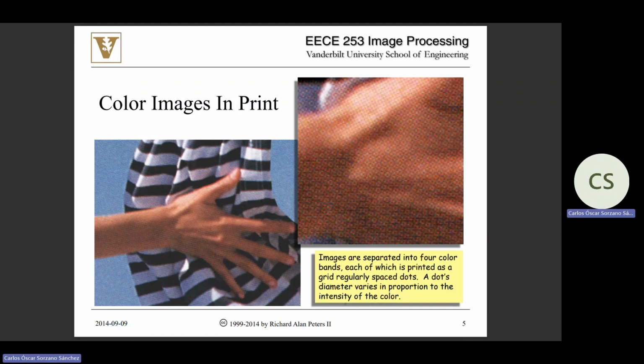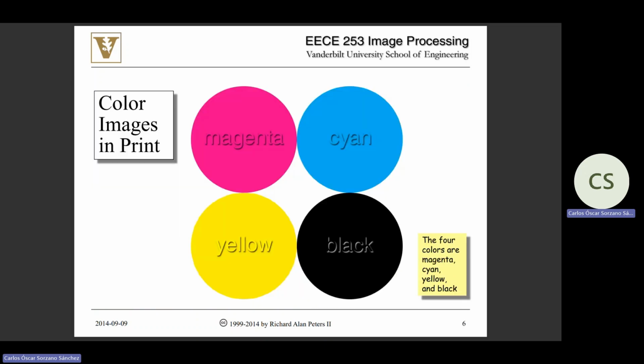So what about when we print? When we print, we do a similar thing. We print also, but now instead of red, green, and blue, we print in black, magenta, yellow, and cyan. We will see later in the course why.